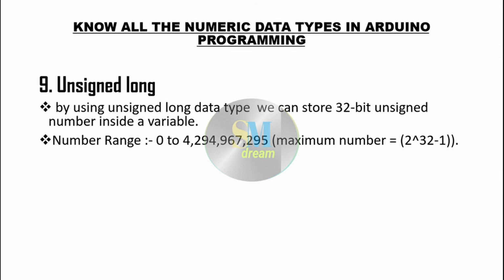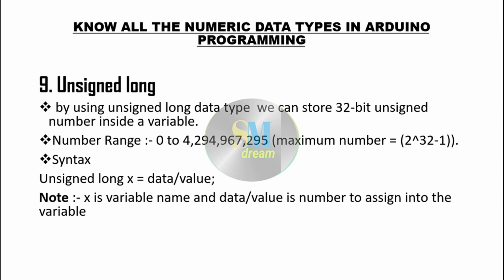The maximum number is 2 to the power 32 minus 1, but for long it was 2 to the power 31 minus 1. And the syntax is very simple. unsigned long x equal to data or value, where x is the variable name and data or value is the number to assign into the variable, and this is the example.